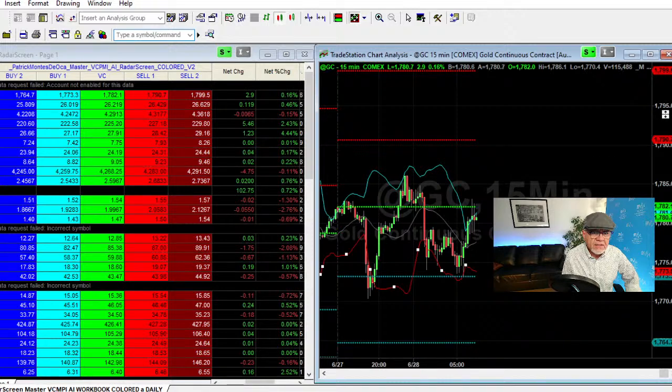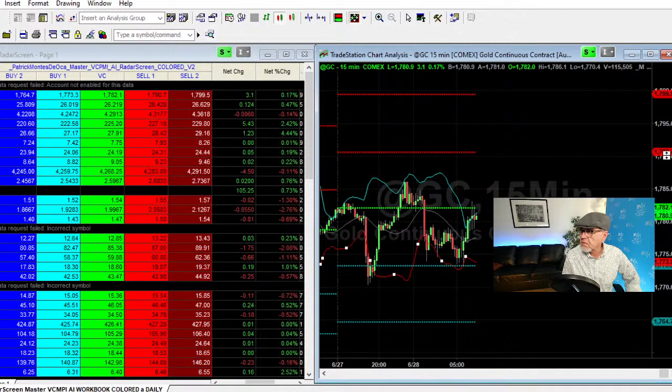And we activated a buy trigger from the buy one level that you see here at 1773 early this morning. And we now just completed a target of 1782 from that level of 1773.